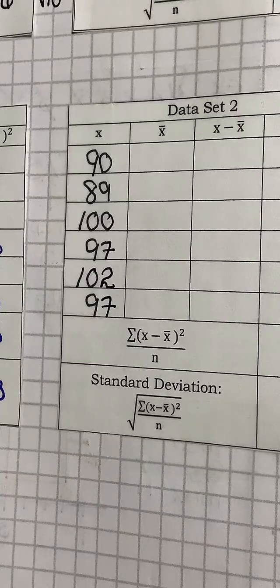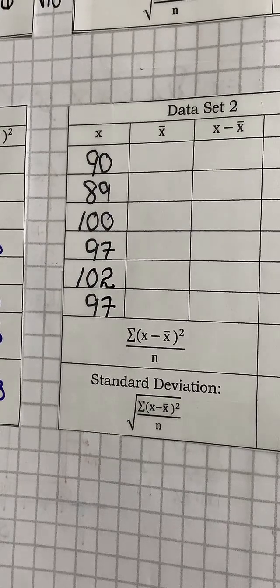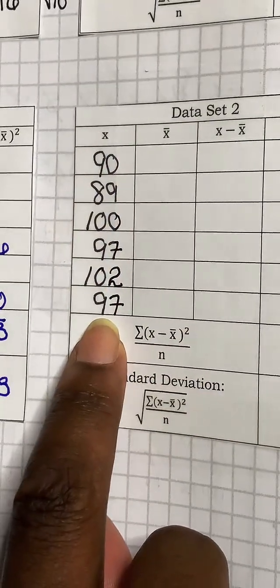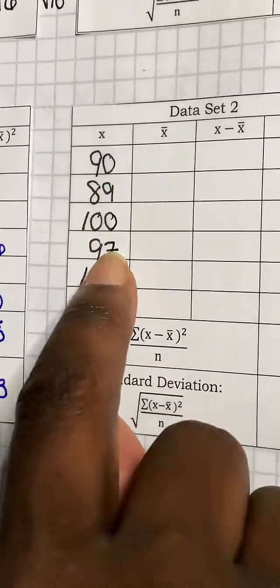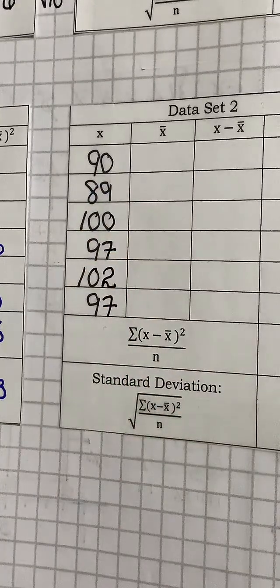Okay, Pierre is saying 95.83. Yep, because those threes are repeating, and I'm not doing it. Nope. Okay. Not 89. Make sure you're adding all of these numbers and then dividing by the number of numbers, which is 6.